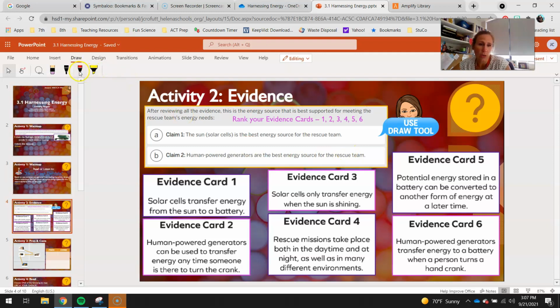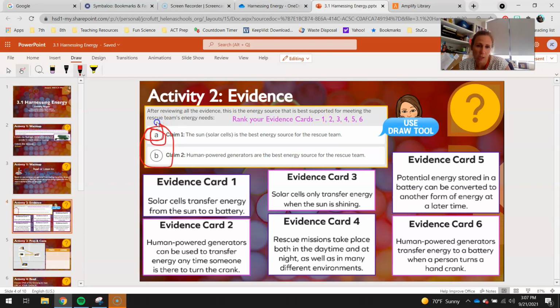If you need to reread the 6 evidence cards, okay, then I want you to think about which claim you think is better. You are going to use your draw tool to circle either claim 1 or claim 2, okay? Once you have chosen claim 1 or claim 2, you are going to grab your draw tool, a pen or whatever, and number your evidence cards from best to worst. Which one supports your claim the best?